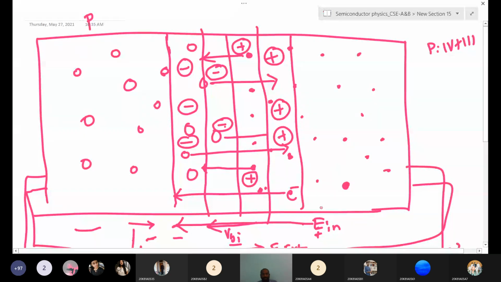It will allow only the minority carrier holes in the n-type semiconductor to drift. Plus charges move in the direction of the electric field, from plus to minus. So it will push only the minority carrier holes in the n-type semiconductor towards the p-type semiconductor.